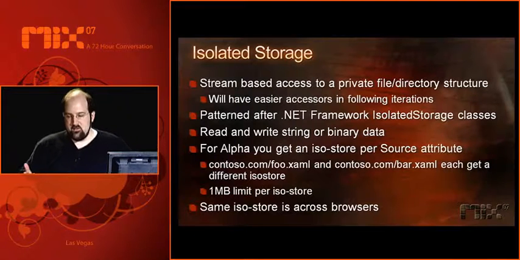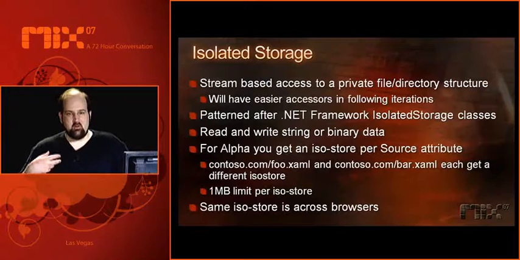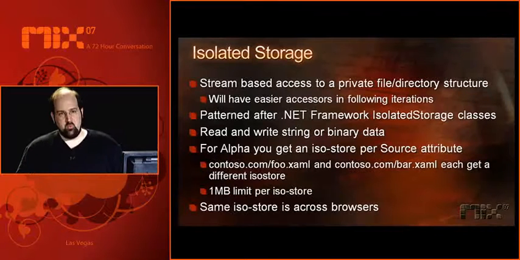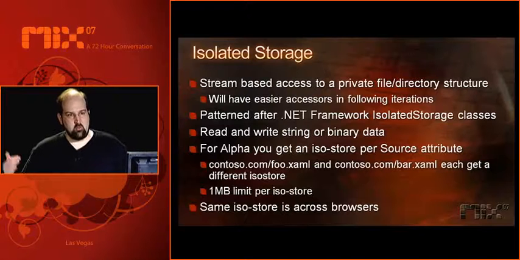What you get today in the alpha is stream-based access to an arbitrary virtual file and directory structure that you create. Even though today in the alpha it's all stream-based, in future iterations we'll clip on top of that much easier dictionary-oriented accessors.